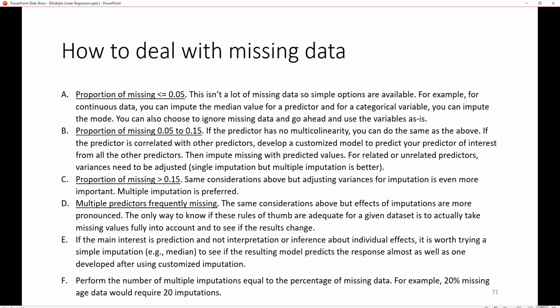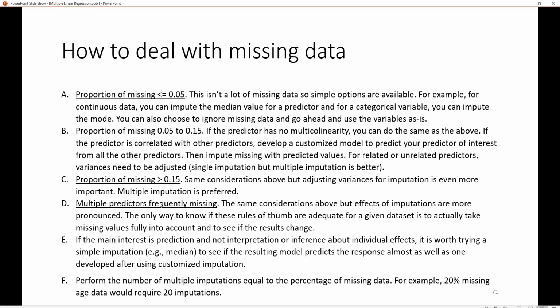And once we predict the missing values, we're going to try to run a regression model from that. And when we have a proportion of missing data greater than 15%, we would use the same considerations as above, but now we're probably doing what we consider multiple imputation more often.